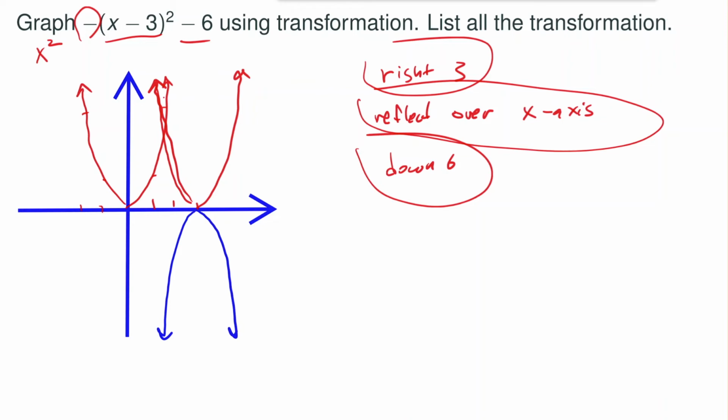It's good to think of reflection as rotating 180 degrees along the x-axis. In this case, because we reflect over the x-axis. And then it went down 6 units. So this is 0. So at negative 6, here's negative 6. We have the same shape of the graph, something like this.